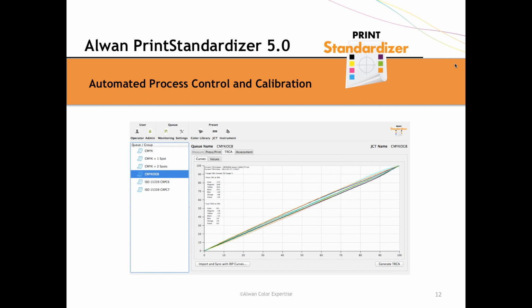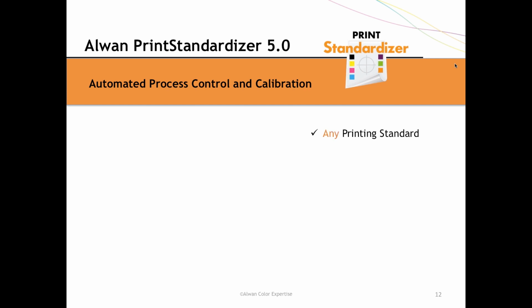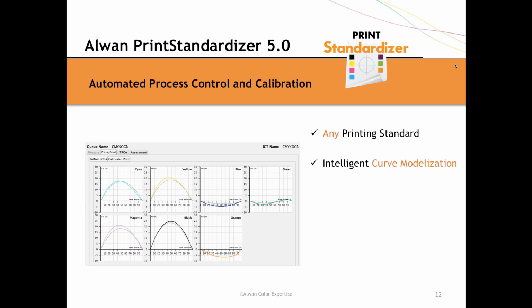In this, we manage the curves, so it's an automated process control and calibration possibility to any printing standard. Using intelligent curves, that means that you have curves that are much better quality than the curves you make by hand.